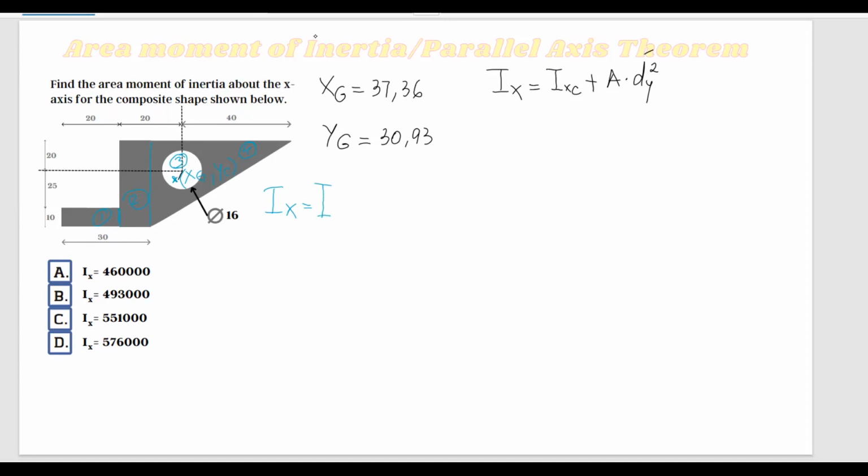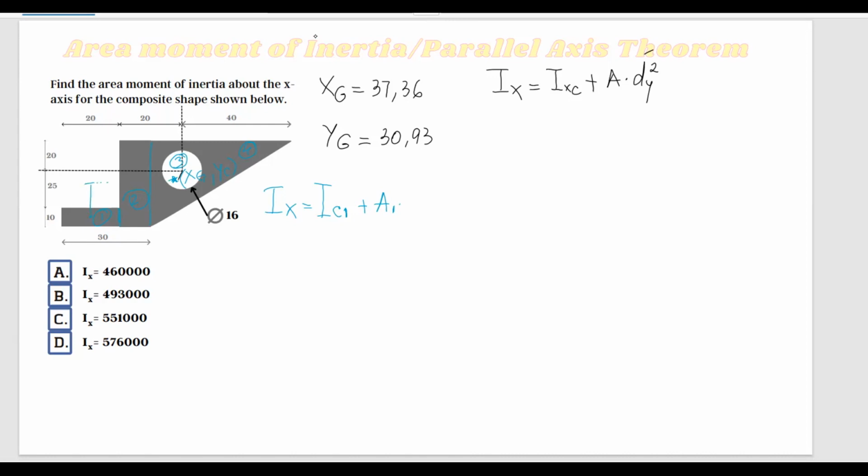So I'll say Ic of shape number 1, which is the moment of inertia of shape number 1 about its axis, which goes through the centroid of this rectangle, plus area of shape number 1, multiplied by the vertical distance from its centroid to the centroid of this composite shape.